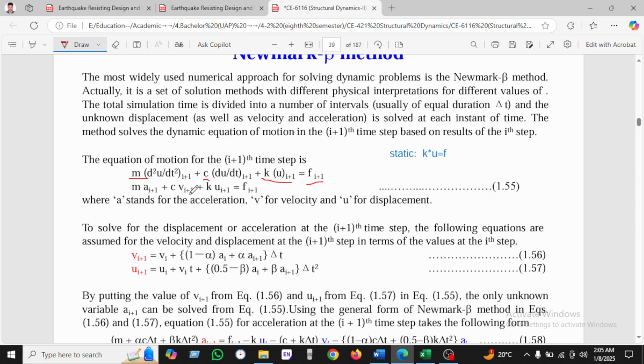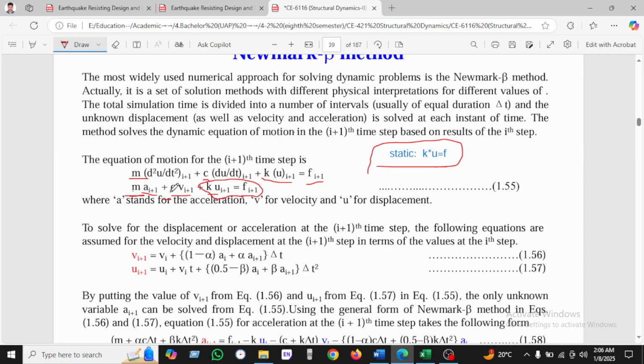Okay, so here we have M A plus C V plus K U equal to F. The K U equals F part is the static portion, and the dynamic portion adds M A plus C V. M is the mass and A is the acceleration.